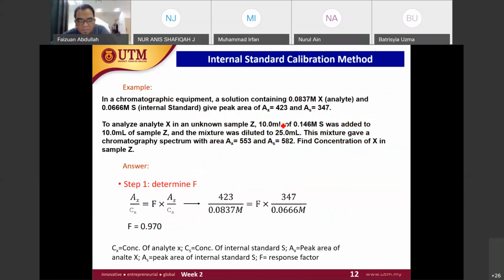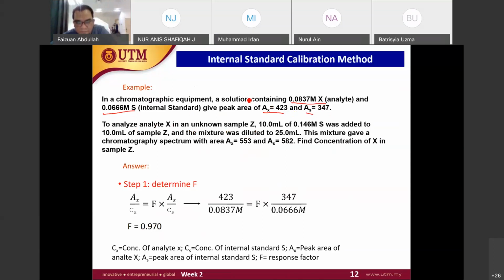You can do this together, because when you write it, you will understand better. A solution containing 0.0837 molar of X analyte and 0.0666 molar of S, the internal standard, gives peak areas AX equal to 423 and AS equal to 347.